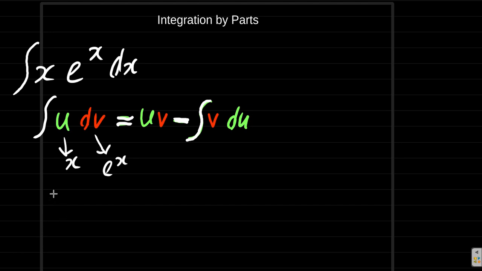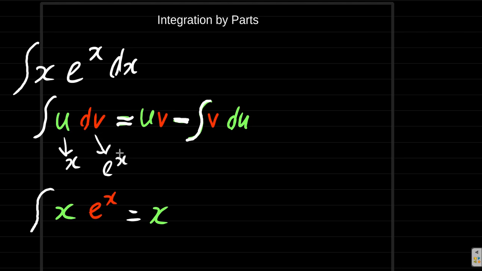What we're going to have is the integral of u, which is x, dv, which is e to the x, is equal to u still remains x times v.